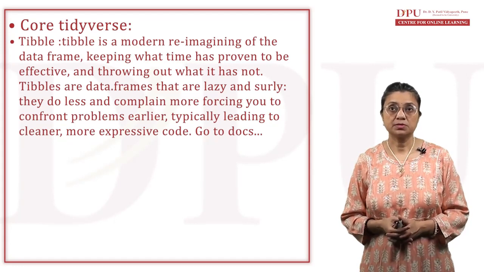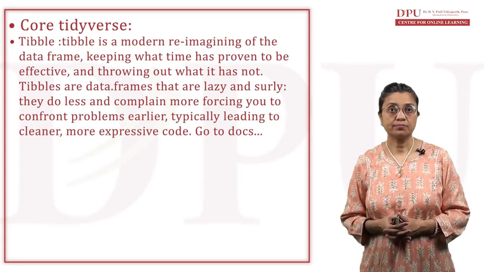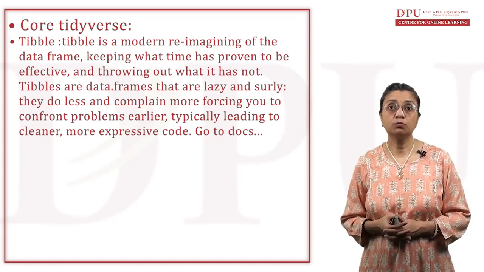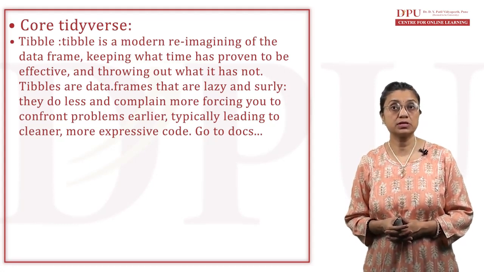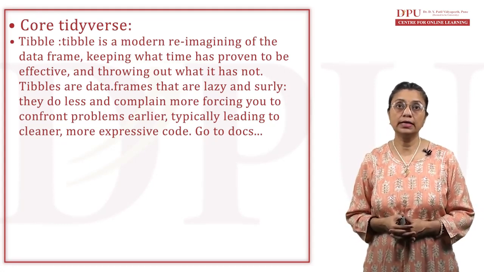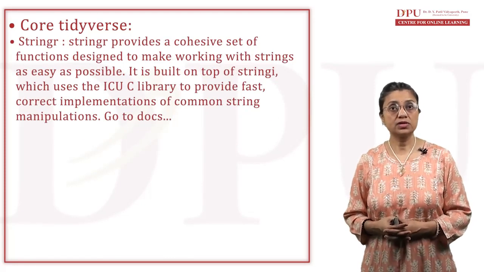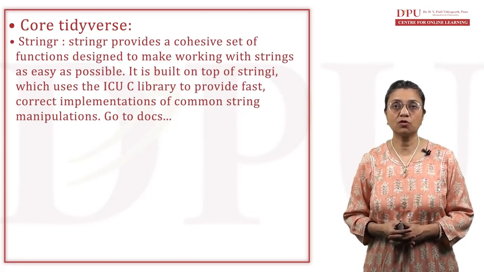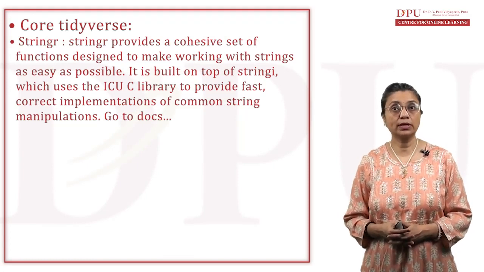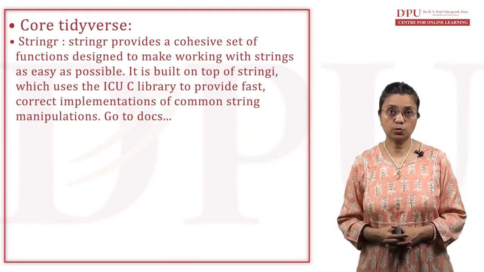Tibbles are data frames that are lazy and surly. They do less and complain more, forcing you to confront problems earlier, typically leading to cleaner, more expressive code. stringr. stringr provides a cohesive set of functions designed to make working with strings as easy as possible.